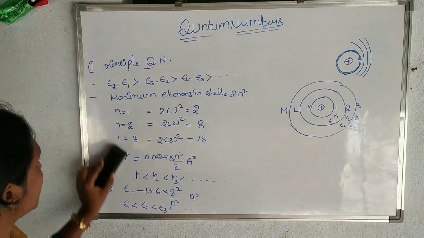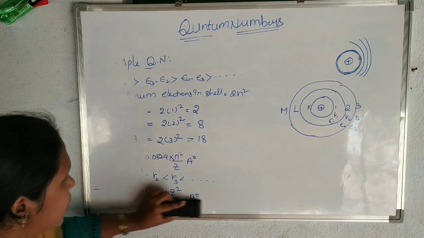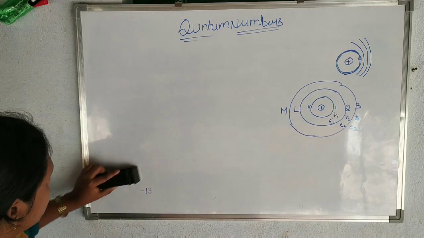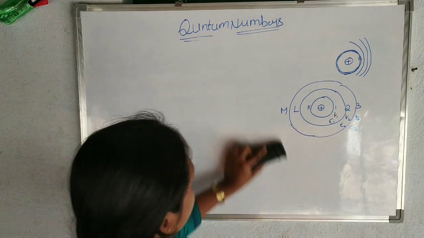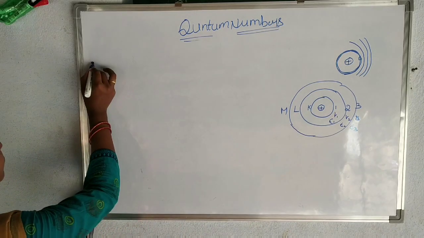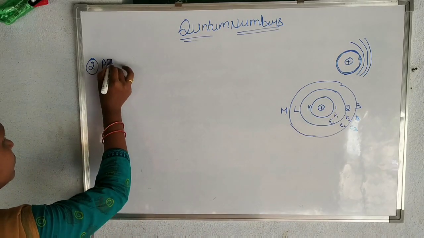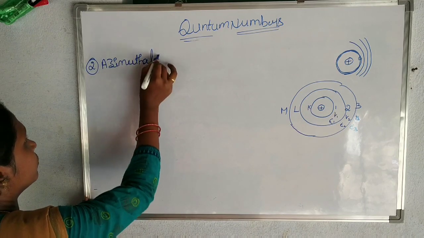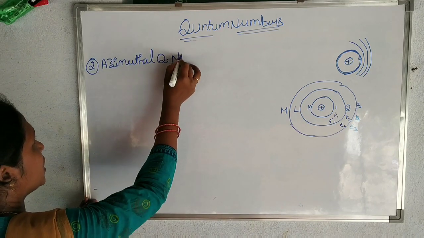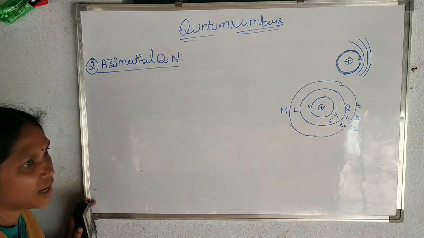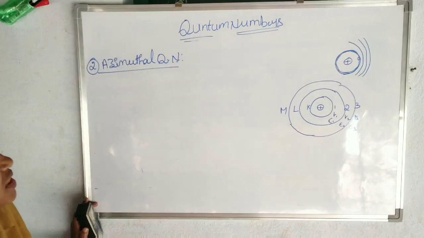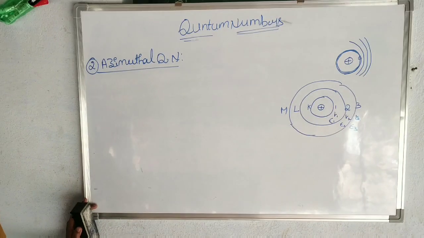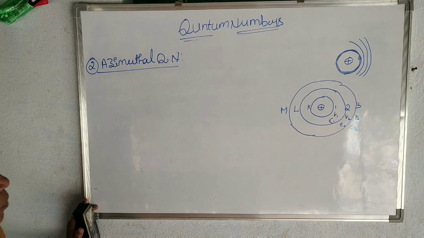Now go to the second one, that is the azimuthal quantum number. It has so many names. It is also called the subsidiary quantum number, secondary quantum number, and also the angular momentum quantum number, or orbital angular momentum quantum number.